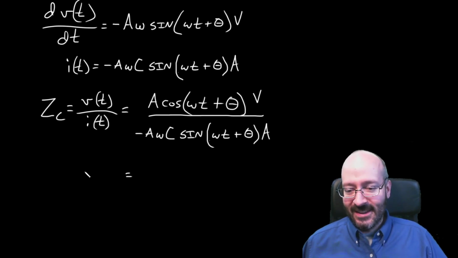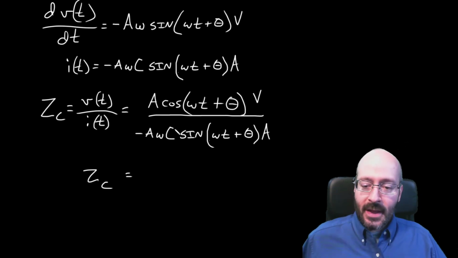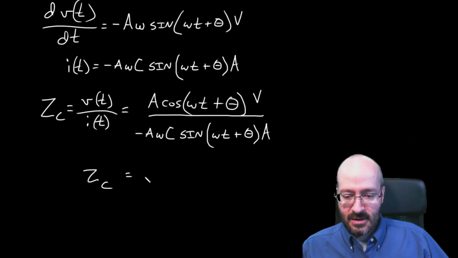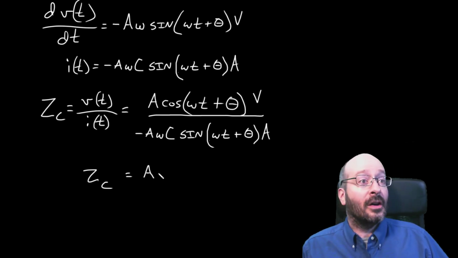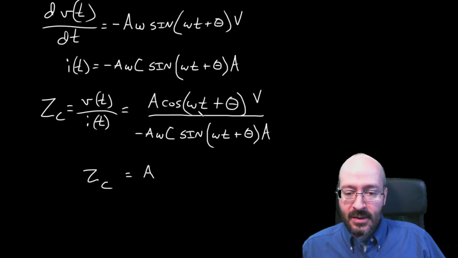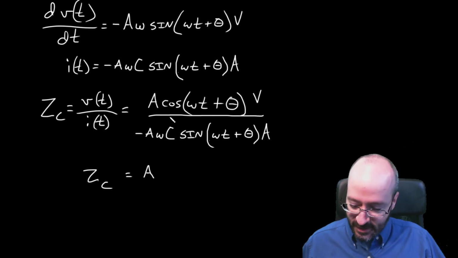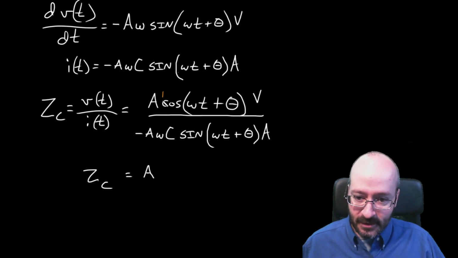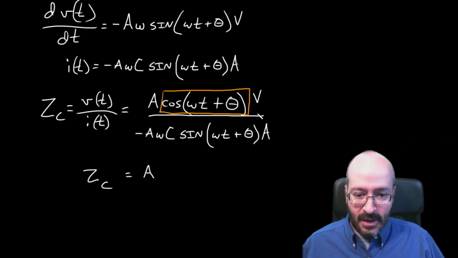So we're going to take Z sub C, and A is a coefficient, right? And then we have cosine omega t plus theta. If I want to take all of this and turn it into a phasor, I'm going to take this chunk and use the phasor transform.